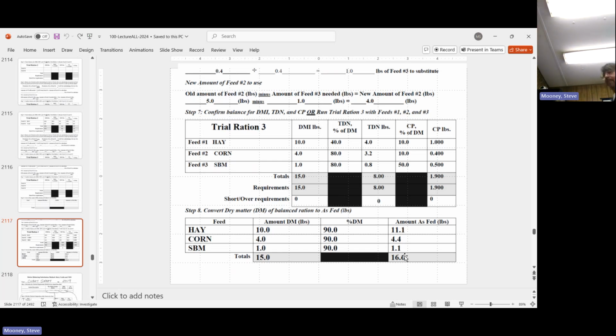And I get 1 pound of crude protein from hay, 0.4 of a pound of crude protein from corn, and 0.5 pound of protein from my soybean meal. Add those 3 up, 1.9. That matches my requirement. I am balanced all the way across. Any questions on how we get that?